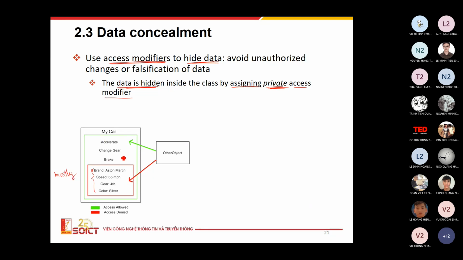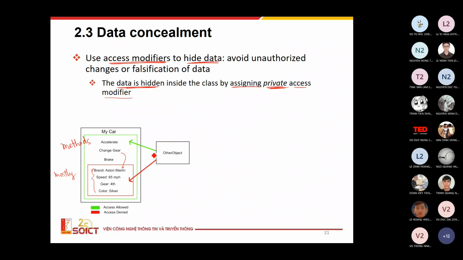And to access this private attribute, you have to declare a public method. You will use the public method to access the private attribute.